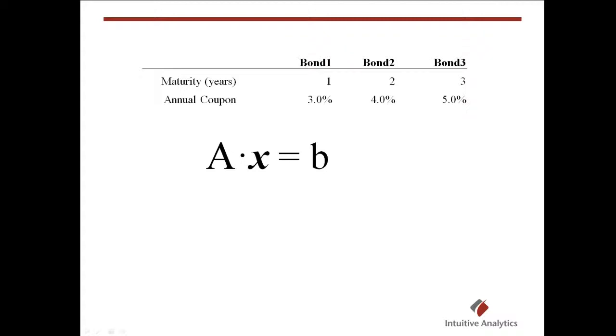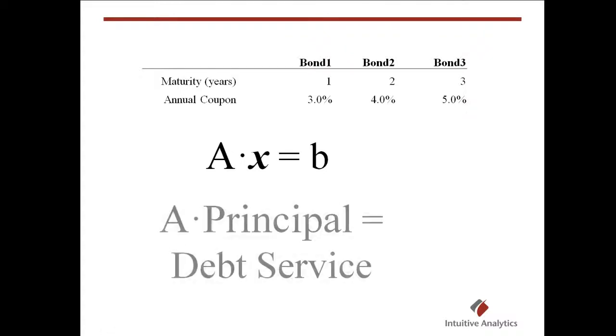And what we did in those prior videos is say that our A matrix, in order to come up with the debt service calculation that we want in public finance, is going to be reflecting the cash flows per dollar of bond that occur in each column.